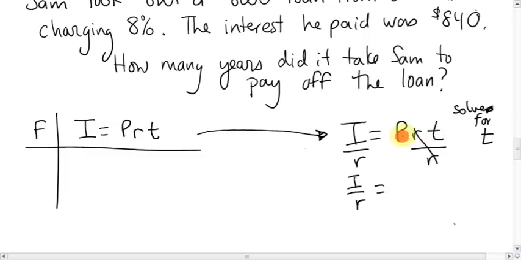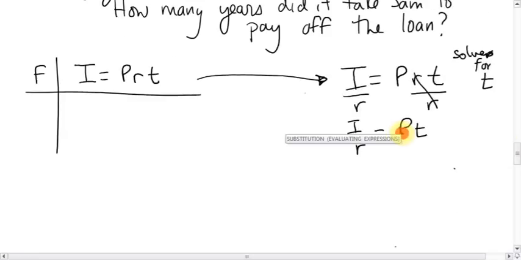Now what are they doing with each other? Remember, they're all multiplying. So the P and the T are multiplying each other. That's not good. I still got a P bugging the T. And like I said, it's multiplying it. So I want to get rid of that P. It's multiplying the T, so we'll divide by P. Divide this I by P as well.